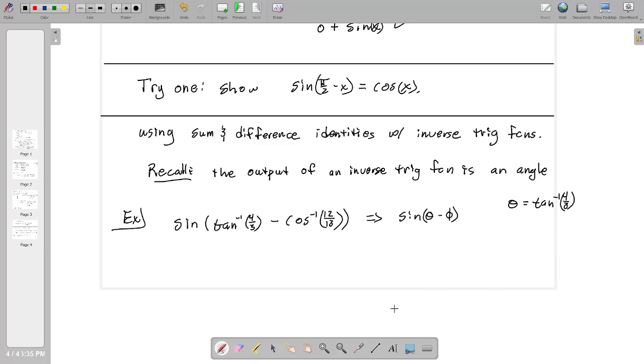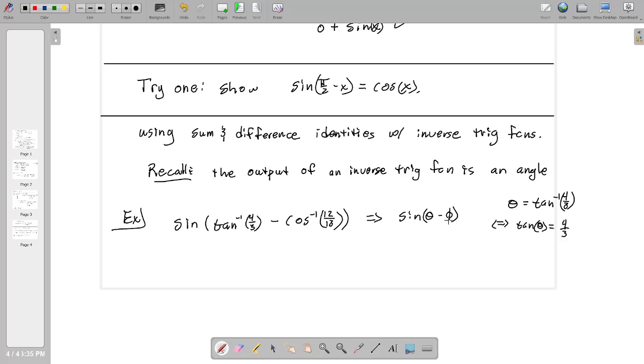Now, do I know what that is? Do I know what angle that is? No. Do I care? Also no. It doesn't matter. But this is true if and only if tangent of theta is equal to 4/3. Remember, definitionally, the inverse trig function. Definitionally, if theta is equal to tangent inverse of 4/3, then tangent of theta is equal to 4/3.